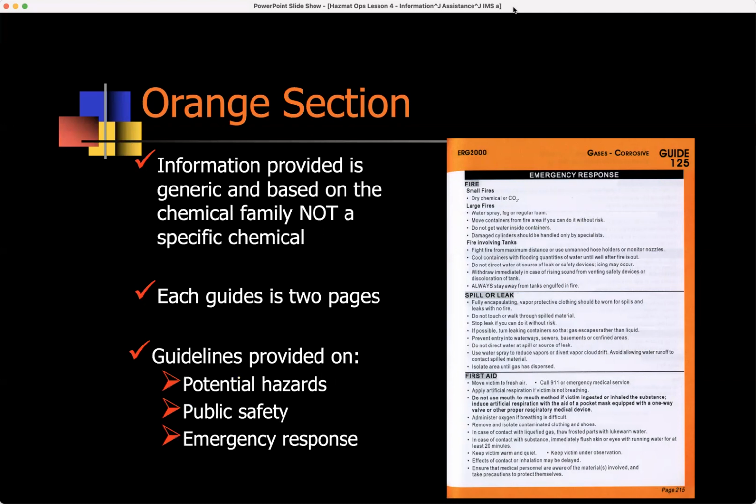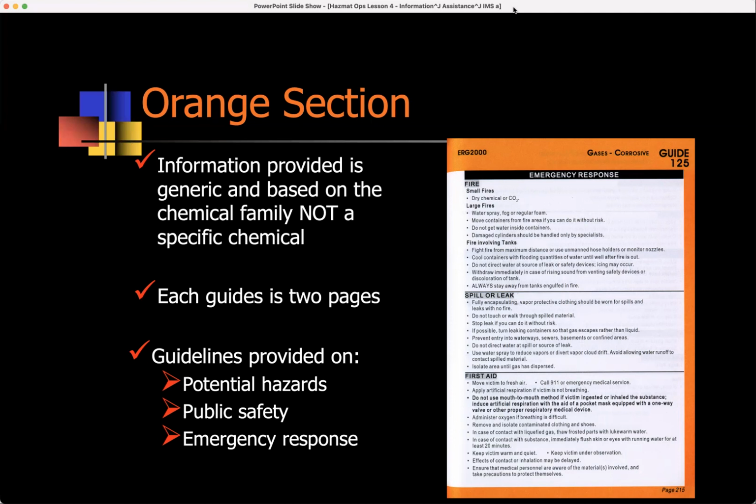Each guide is 2 pages. There's a left and right. So you don't have to change pages at all. Don't have to flip pages. It's just either left or right. There's 3 categories of information that they provide information on. Those are potential hazards, public safety, and emergency response.